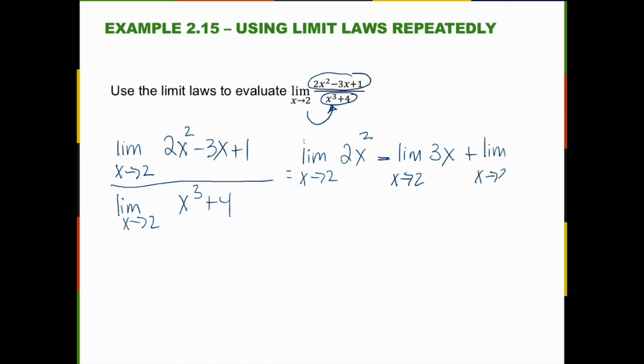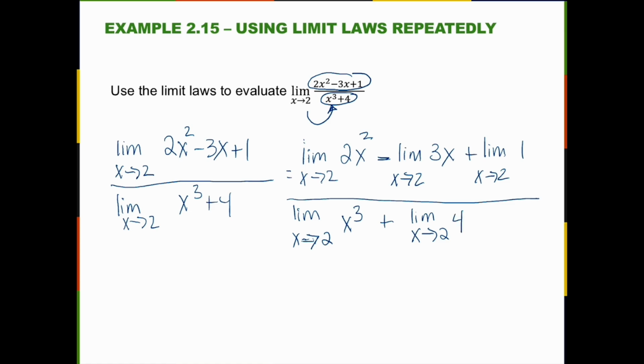Then I'm going to use the sum rule where I'm going to add the limit as x approaches 2 of the constant function 1. Now down below I have the limit as x approaches 2 of x to the third. Using the sum rule, I can then add the limit as x approaches 2 of the constant function.